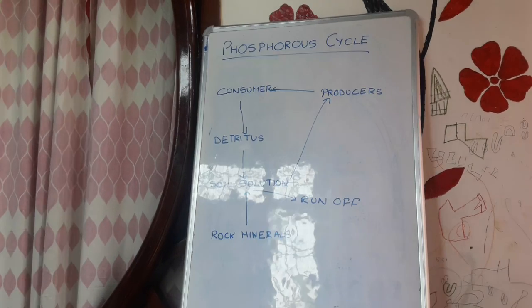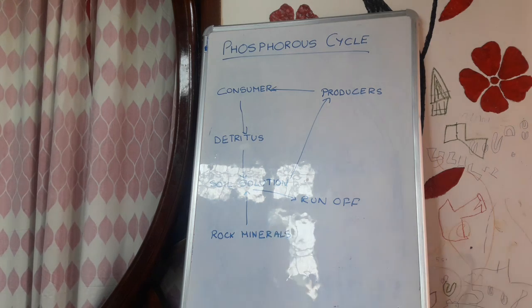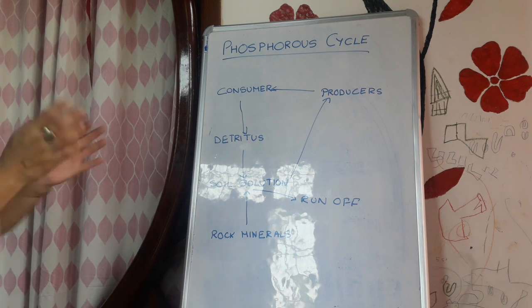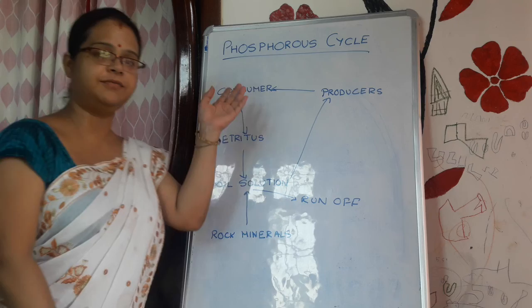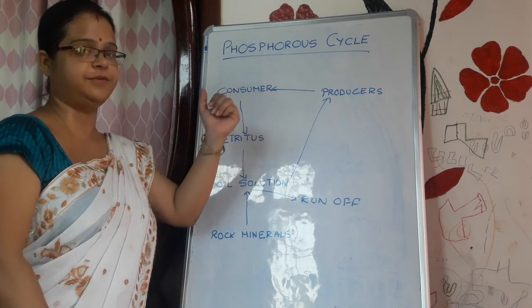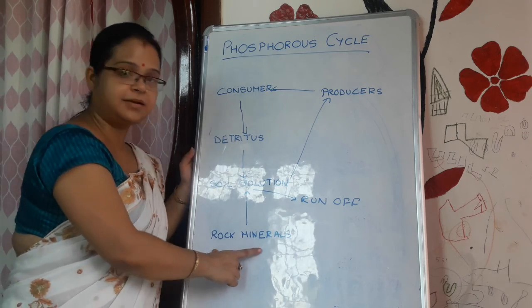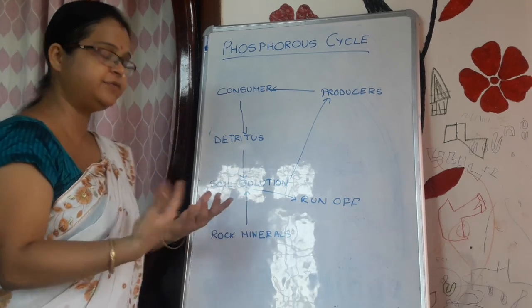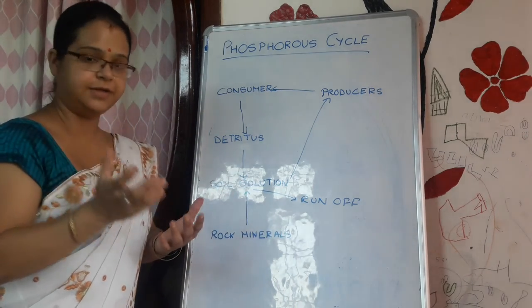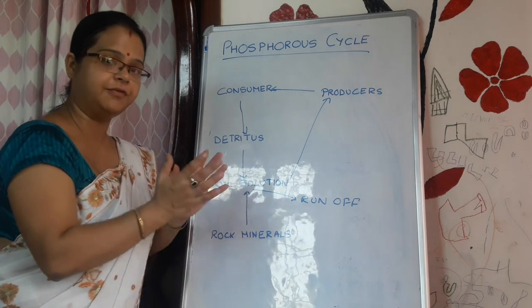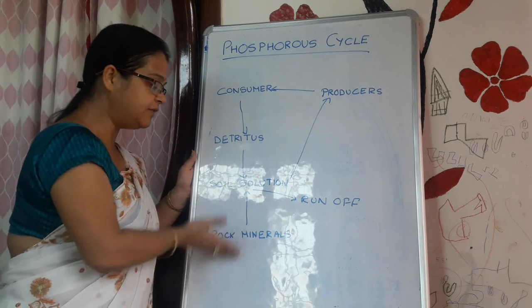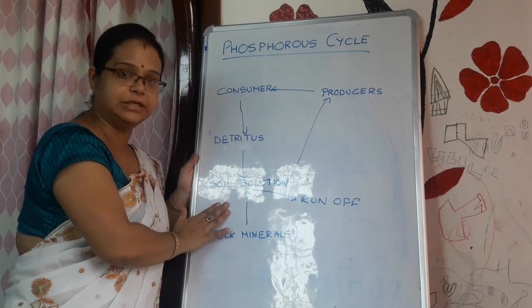Next is the phosphorus cycle. After the carbon cycle, the next biogeochemical cycle is the phosphorus cycle. Here the atmosphere is not involved. The rocks which possess phosphorus weather, and after weathering they give the phosphorus content to the soil solution.